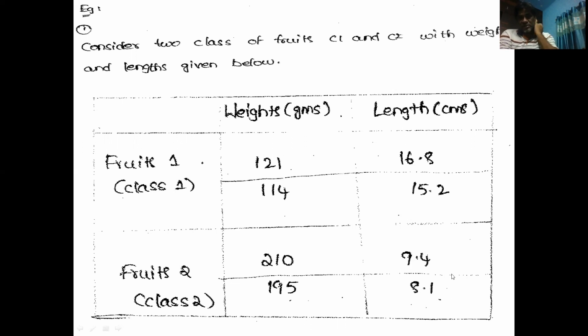By considering this data, we need to build a perceptron network for classifying these fruits into either class 1 or class 2, and the perceptron must also be able to classify any other given fruit into either class 1 or class 2. After training, we can check whether it can classify all the given fruits into their corresponding class.